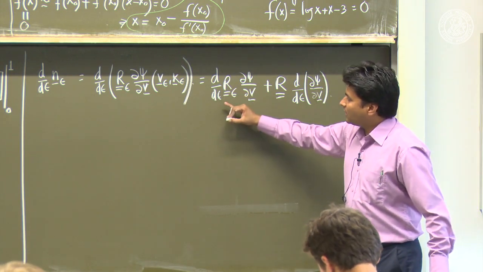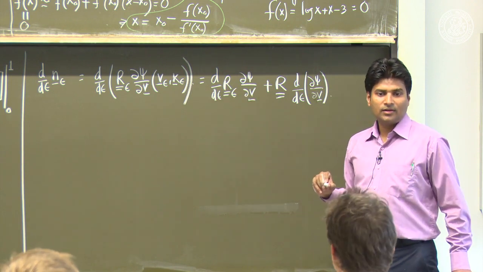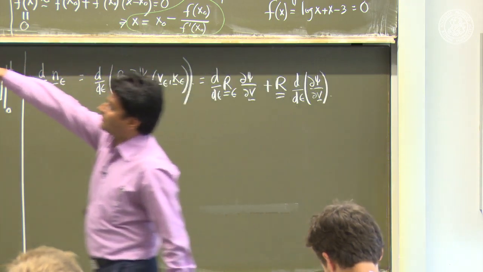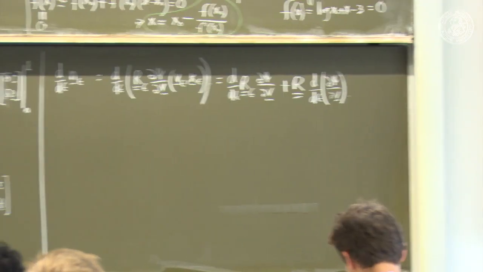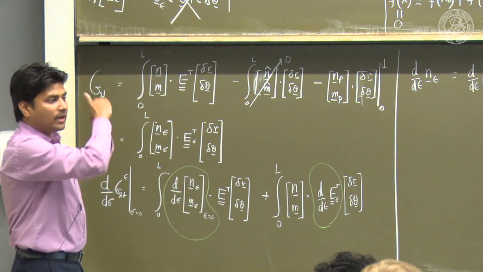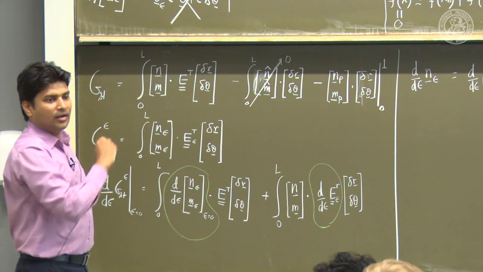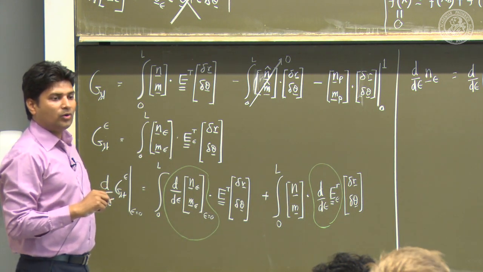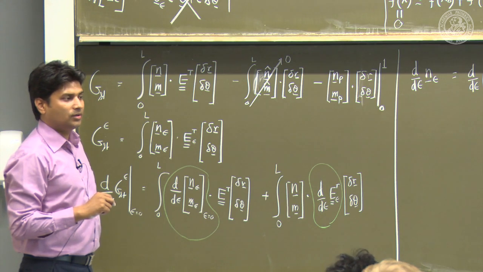What is d by d epsilon of big R epsilon? Now, big R epsilon, you can see that is this, and when you work out d by d epsilon of that, we had worked that out while doing the minimum potential energy method.